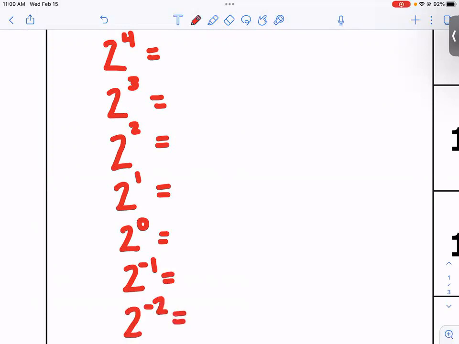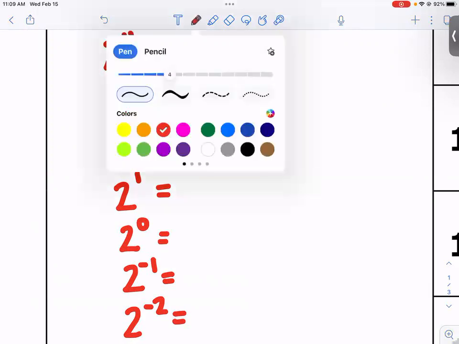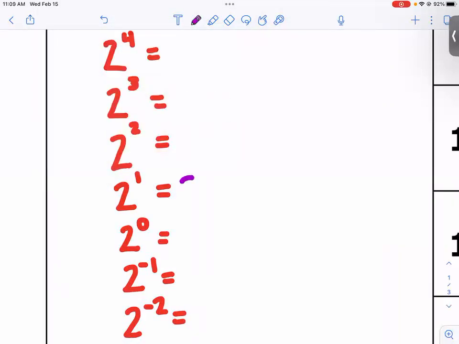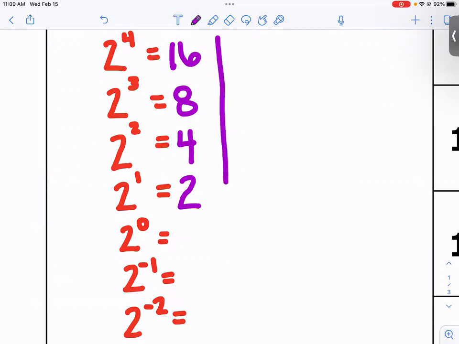What is 2 to the 1st power? Okay. 2 squared. 2 cubed. 8. 2 to the 4th. All right. I want you and your partner to discuss a pattern from 16 down to 2.